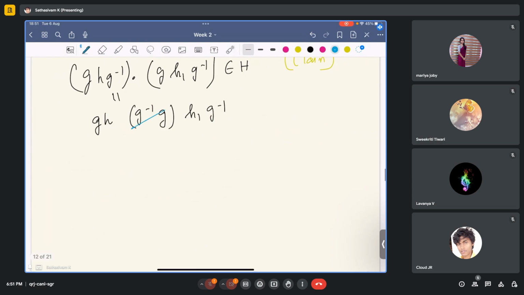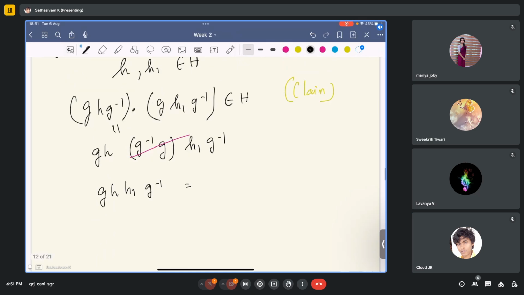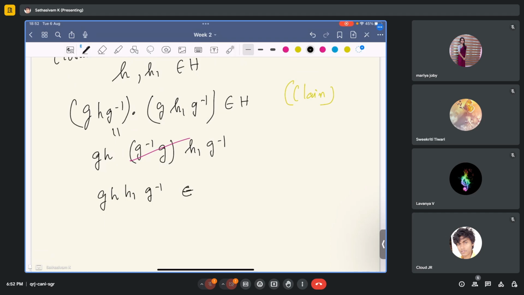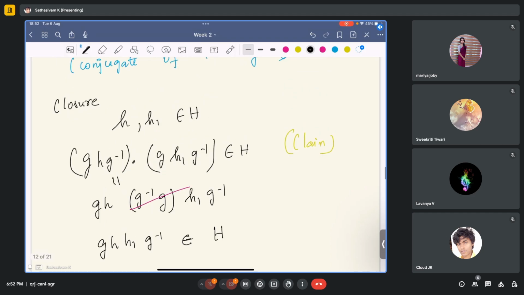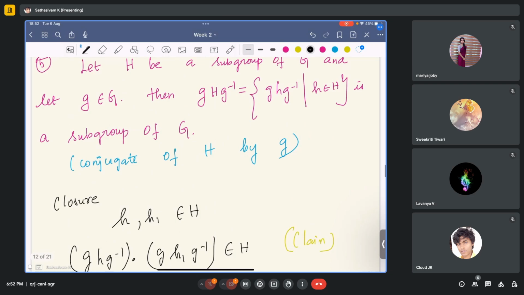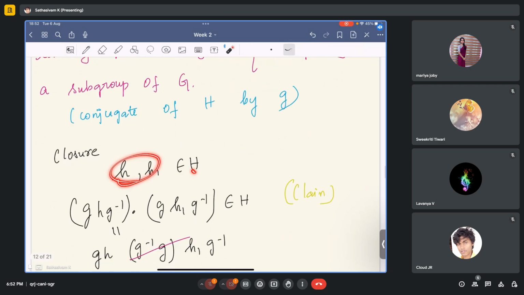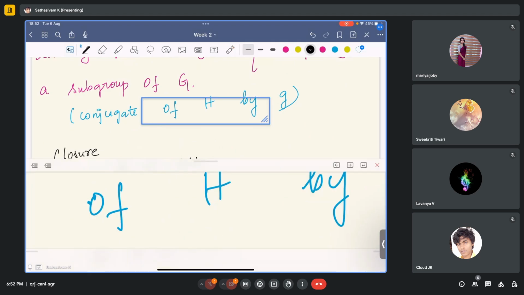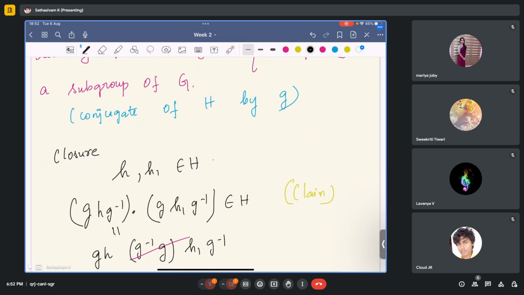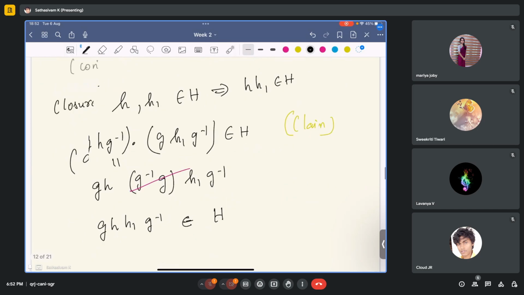So here you observe that this I can cancel out. What remains is basically g h h1 g inverse, right? This belongs to H. Why does this belong to H? Because H and H1 belong to H, this implies H1 belongs to H, right?